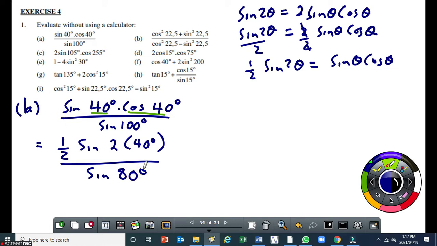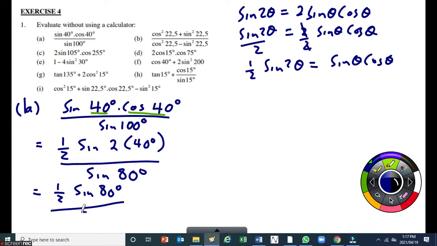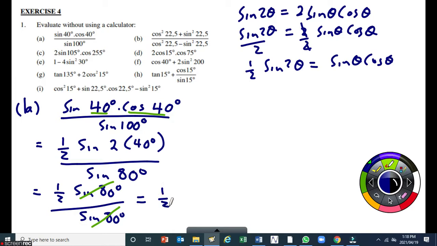From your knowledge of reduction formula, remember you have to reduce all angles that are not acute to acute angles. Then this becomes a half times sine 80 degrees all over sine 80 degrees. Following that, this sine 80 and that sine 80 cancel. So our final answer is going to be a half.